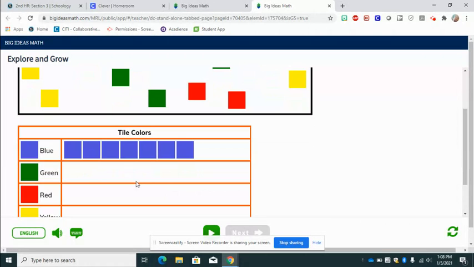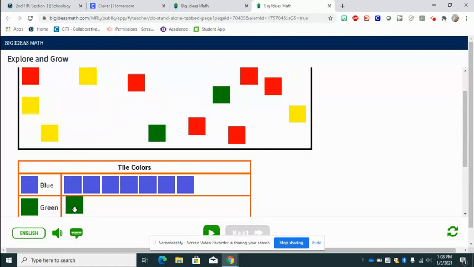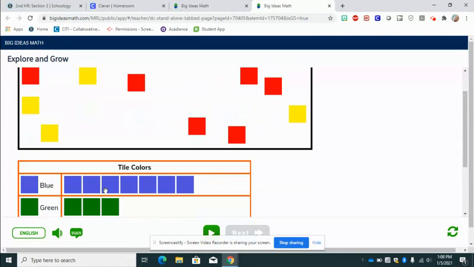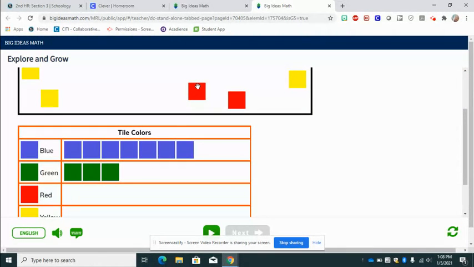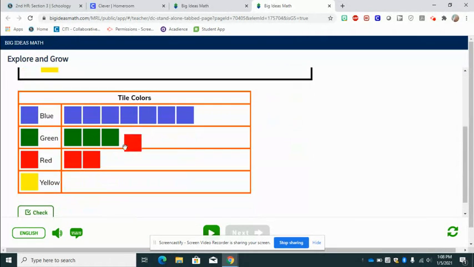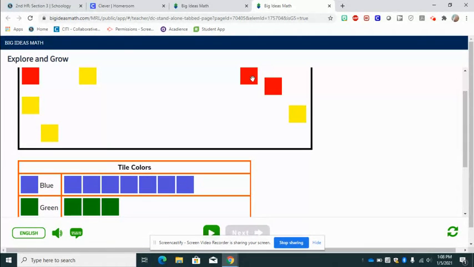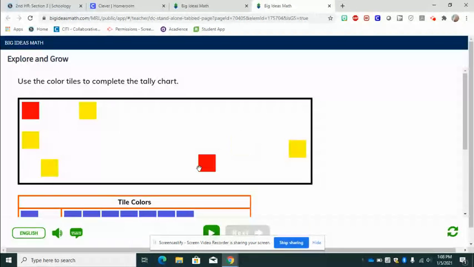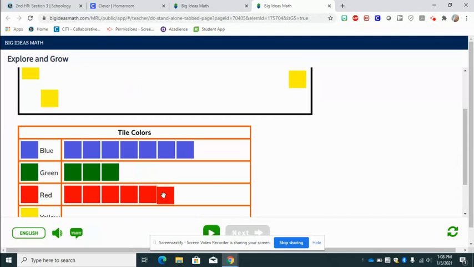Okay, then we're going to drag all of our green tiles beside green. So there's 1, 2, 3. Let's see if there's any more. Nope. All right, then we're going to drag all of our red tiles beside red. There's 1, 2, 3, 4, 5, 6.